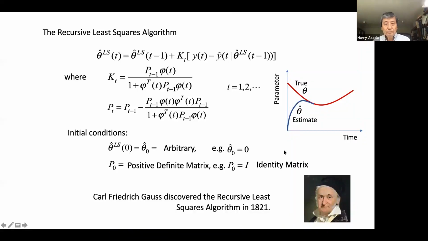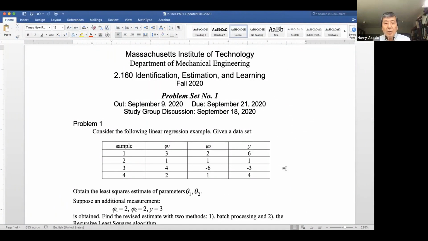Now what I'd like to do is show you a few more materials which I posted. So this is problem set number 1. We released it today, and the due date, you have plenty of time, is the 21st.